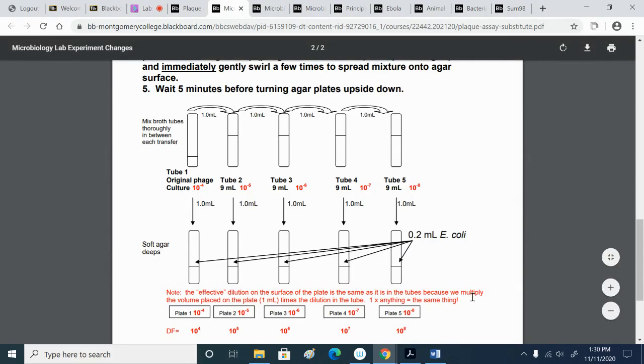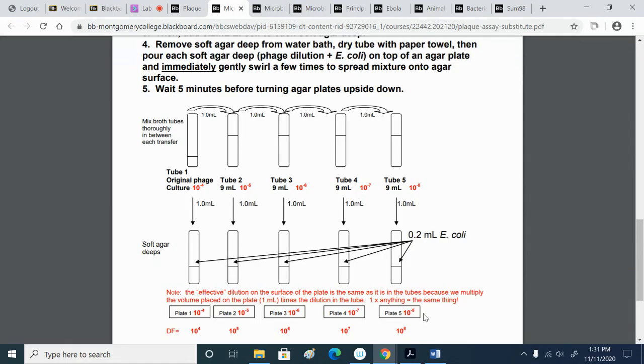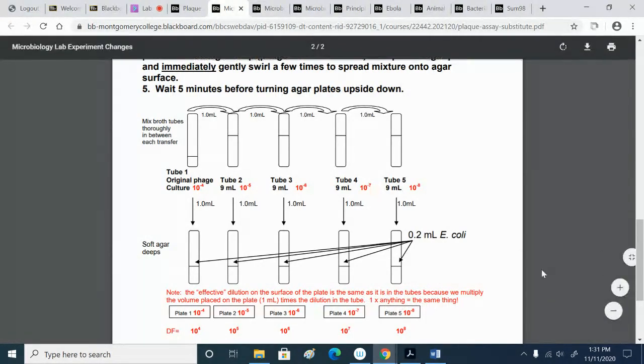So in this case, the effective dilution on the plate is the exact same as what it is in the tube, because we're transferring 1 milliliter. If we were doing 0.1 milliliter, that changes our dilution on the plate, right? But we're just doing 1 ml, so the numbers on the tubes, 10 to the negative 4, 5, 6, 7, 8, are the same on the plates this time.